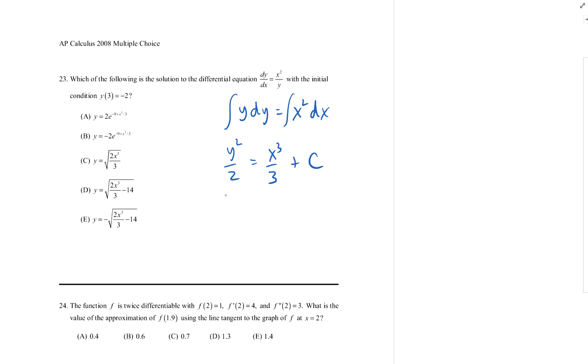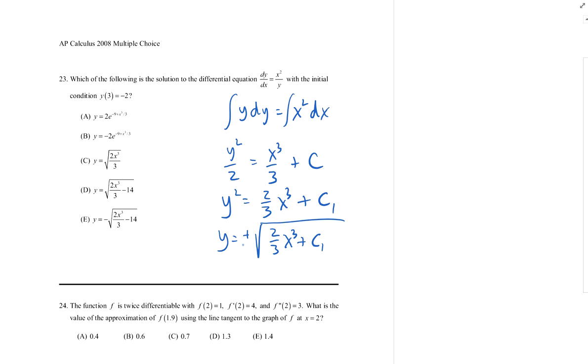Solve for y, and you get y squared, multiplied by 2, y squared equals 2/3 x cubed plus some new constant, we call it c1. Then I'm going to take the square root, and I get y equals the square root of 2/3 x cubed plus c1.